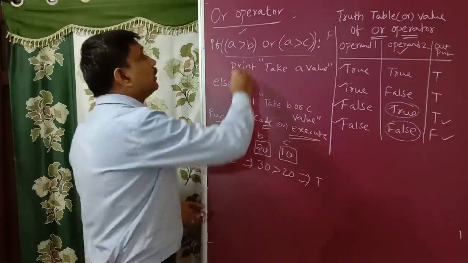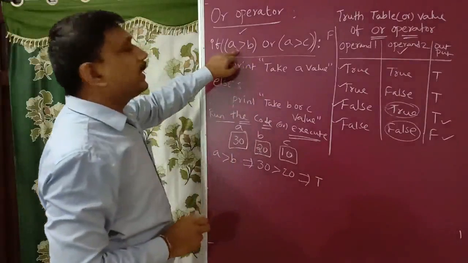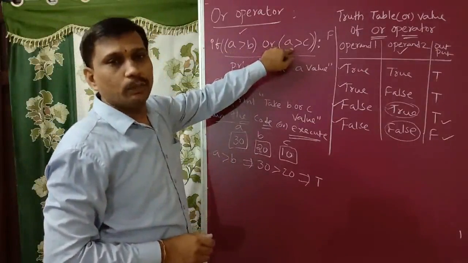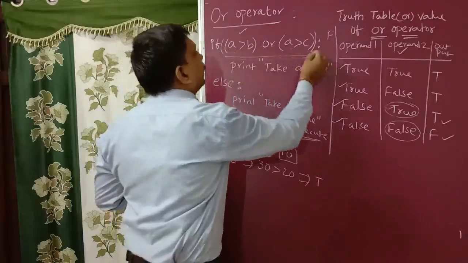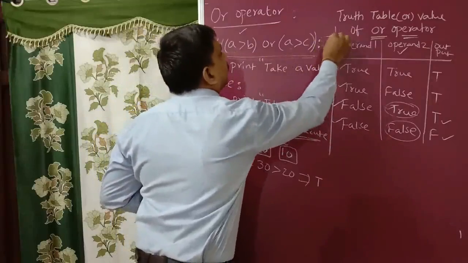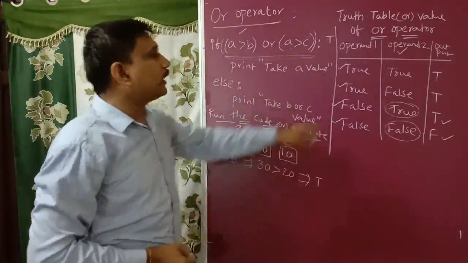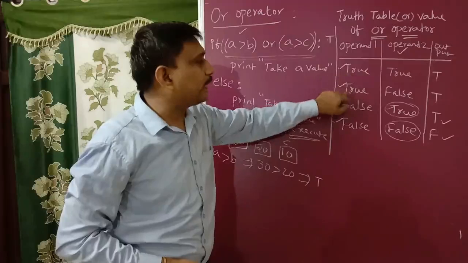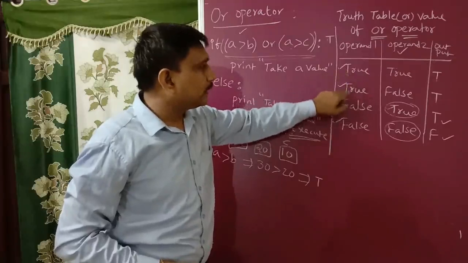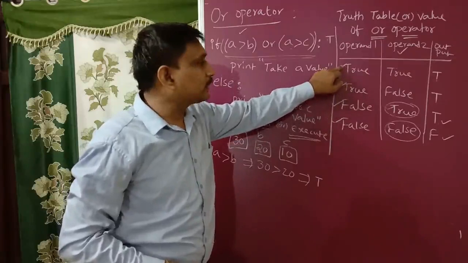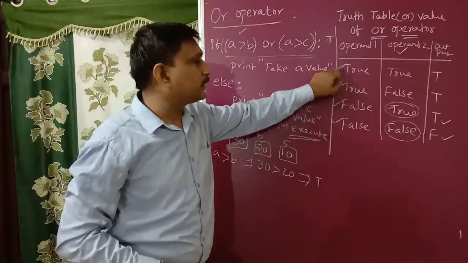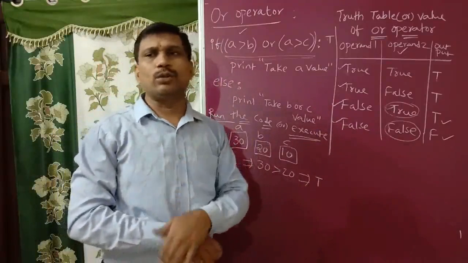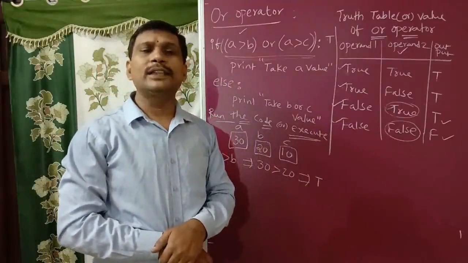If the first condition evaluates to true, we decide the final output without checking the second, and the entire output returns true. Why? Because if any one is true, the final output is always true.